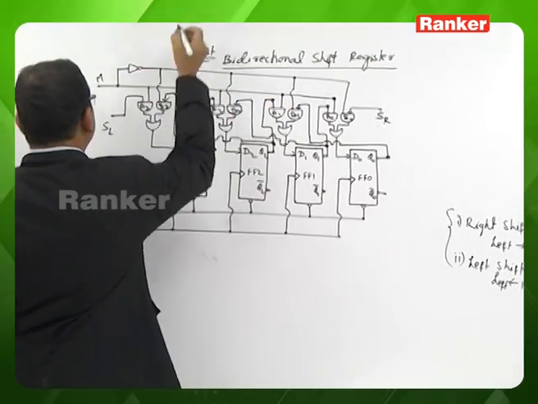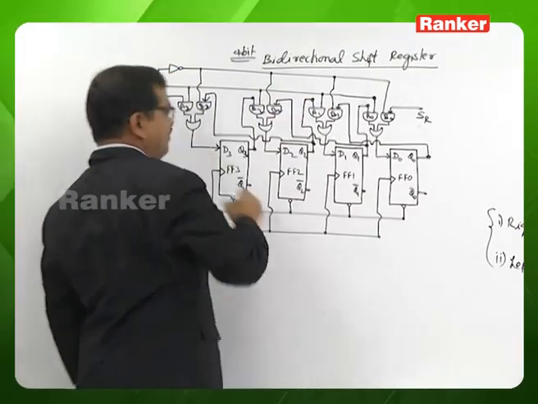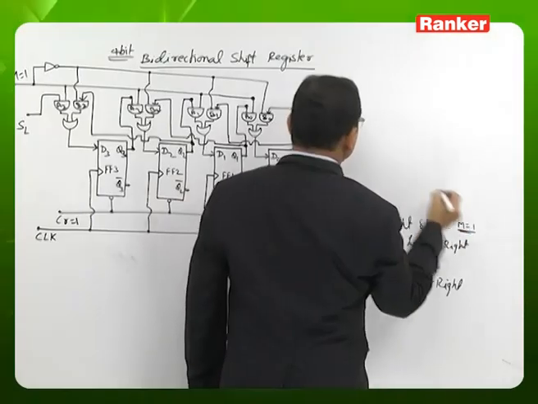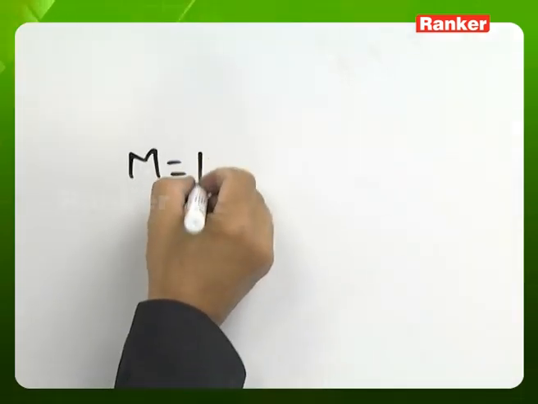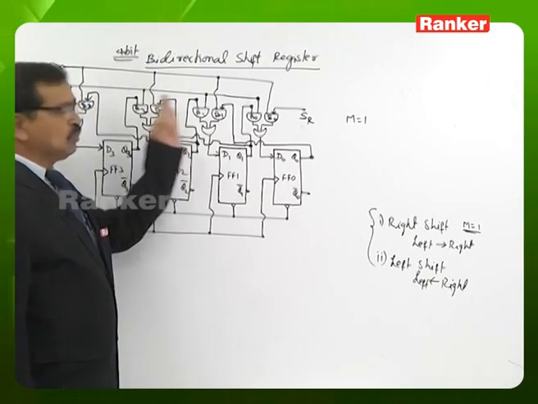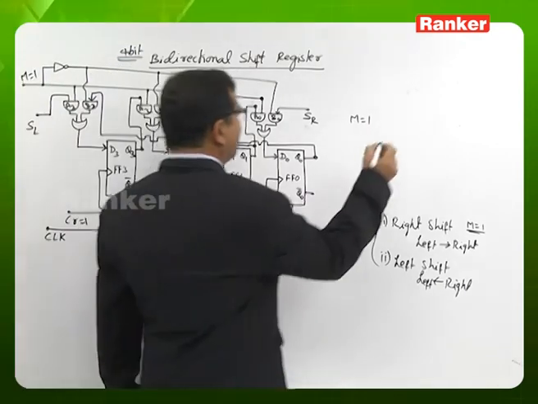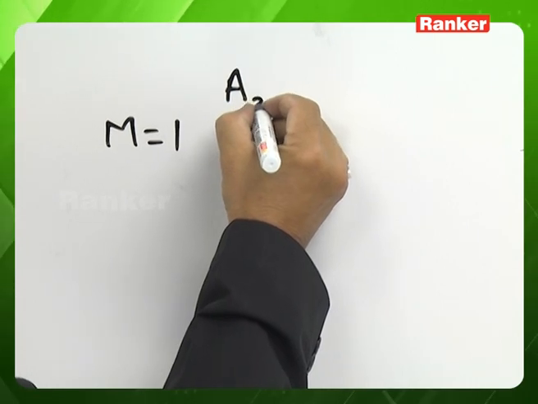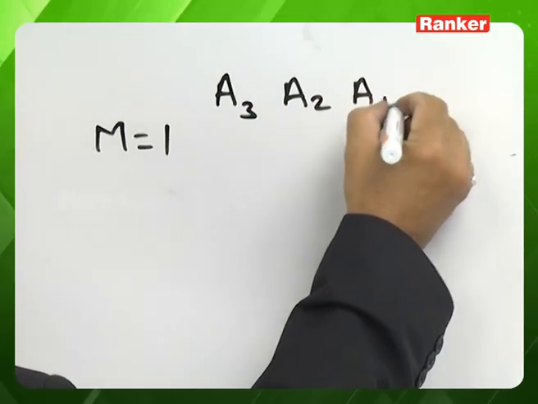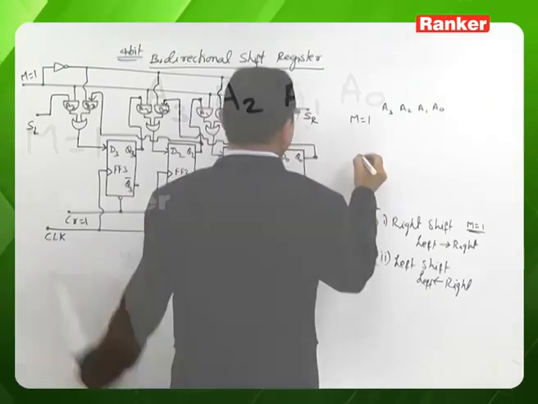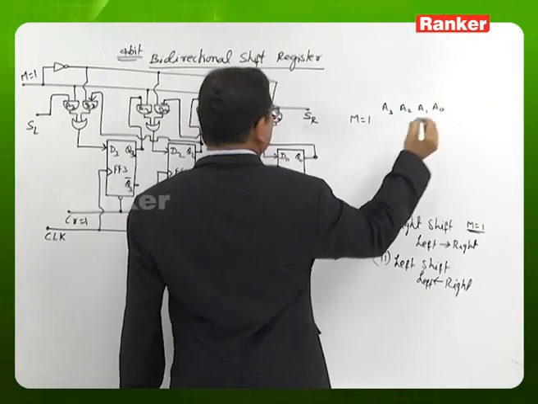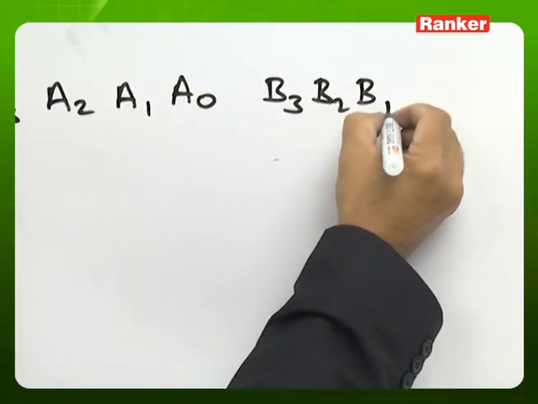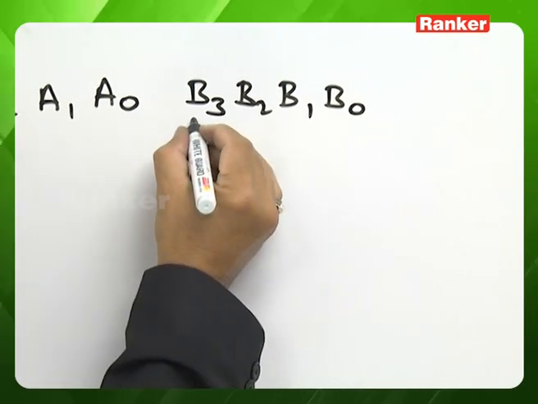we need to keep M equal to 1. While keeping M as 1, based on the connections, one of the inputs of the AND gates A3, A2, A1, A0 is 1, whereas one of the inputs of the AND gates B3, B2, B1, B0 is 0.